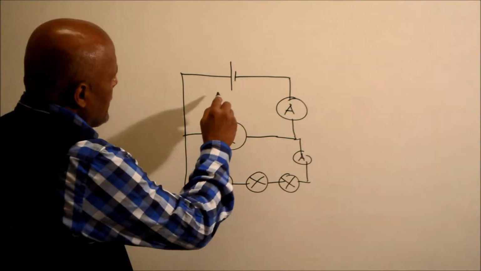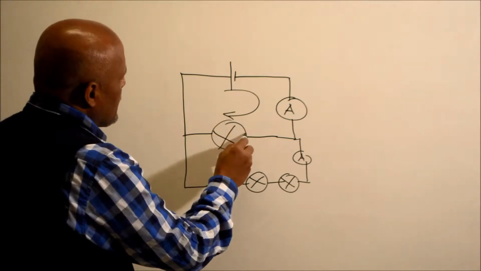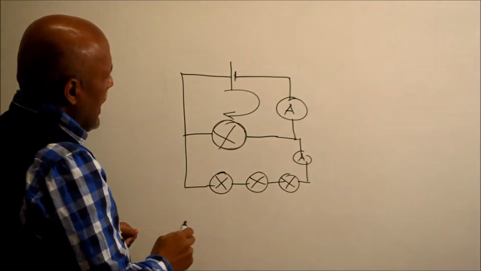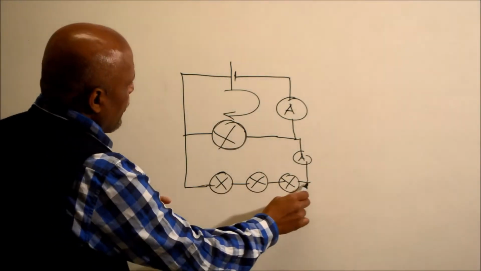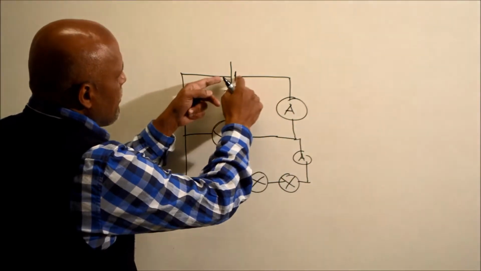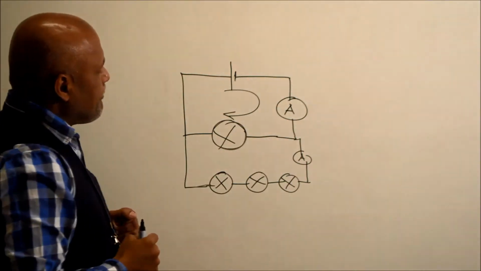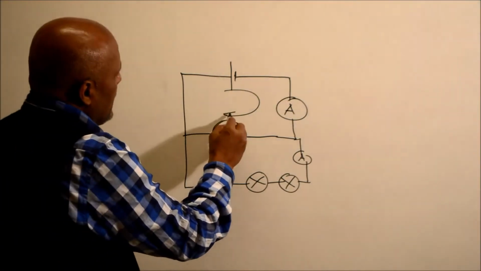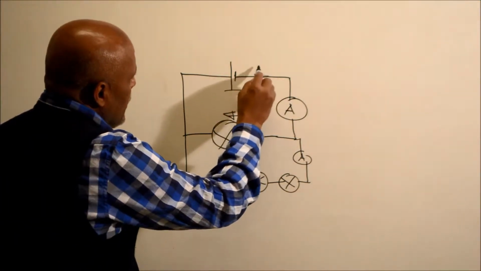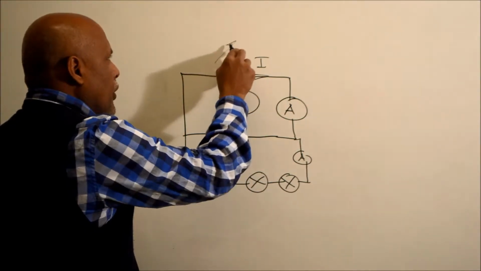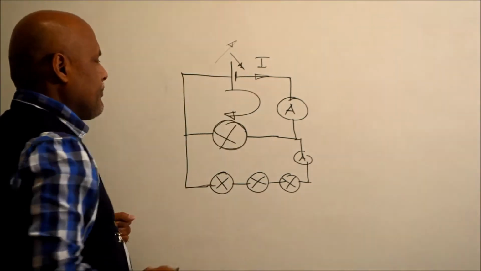In this circuit, we connect one lamp to a battery, and here we connect three lamps. So three lamps are connected to the same battery, same voltage. We will see how this current will vary when we increase or decrease the voltage.